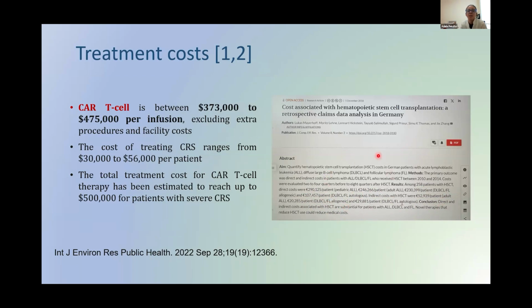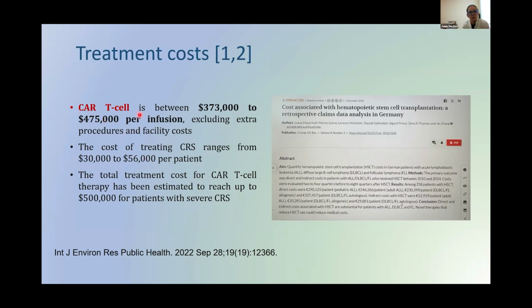So the costs are high, and when we speak about CAR T-cell, that is the new therapy, the new era of treatment of these patients, the cost for infusion is about 373,000 to 574,000 for infusion, excluding the extra procedures or facility costs those patients need.